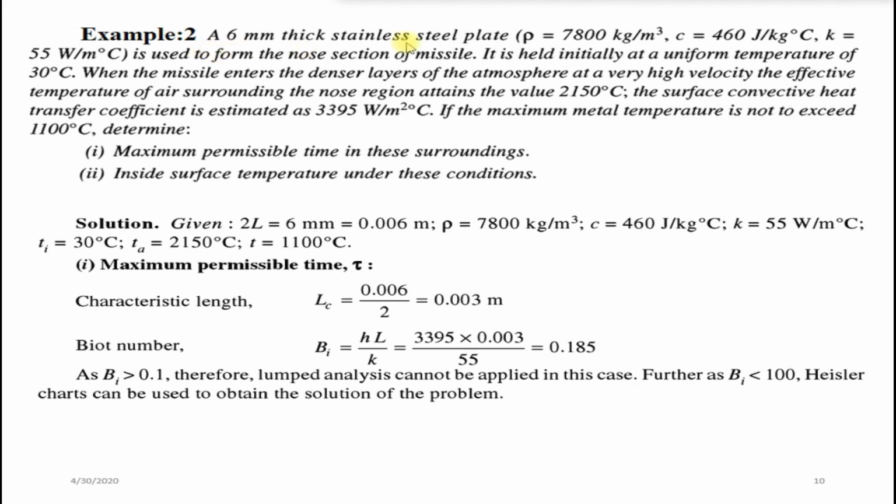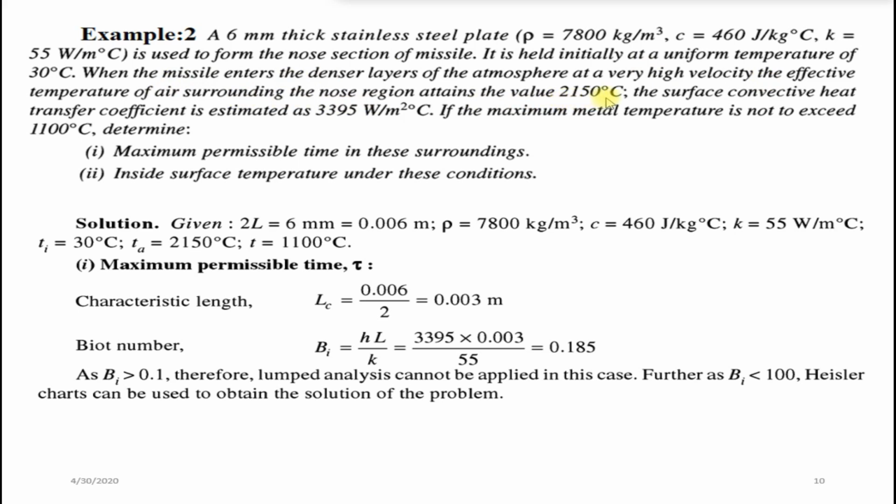Now we will see example 2. A 6 mm thick stainless steel plate, density 7800 kg per meter cube, specific heat 460 joule per kg degree Celsius, thermal conductivity K equal to 55 watt per meter degree Celsius, is used to form the nose section of a missile. It is held initially at a uniform temperature of 30 degrees Celsius. When the missile enters the denser layers of the atmosphere at a very high velocity, the effective temperature of air surrounding the nose region attains the value of 2150 degrees Celsius.